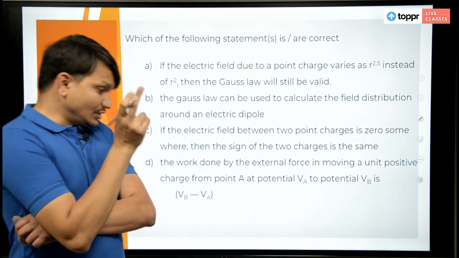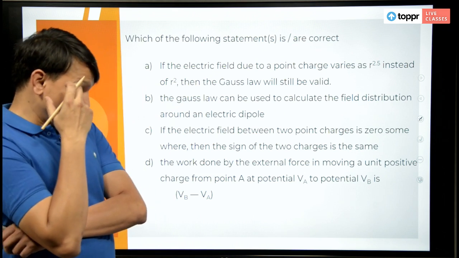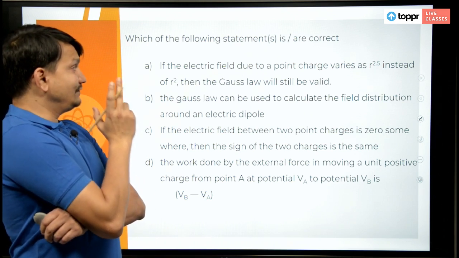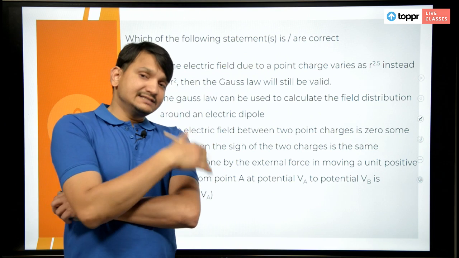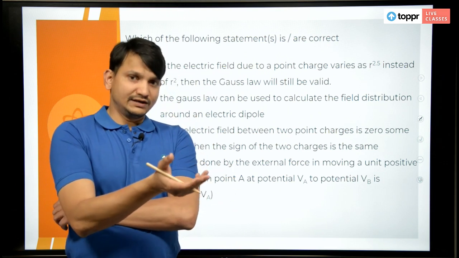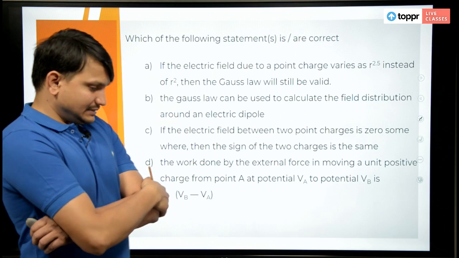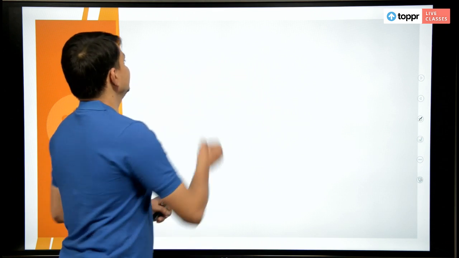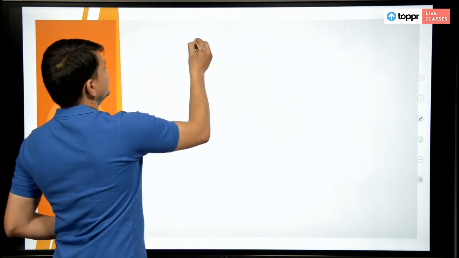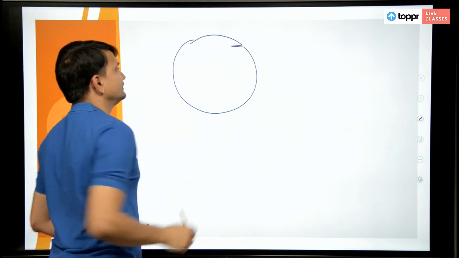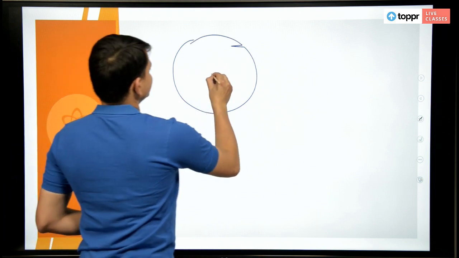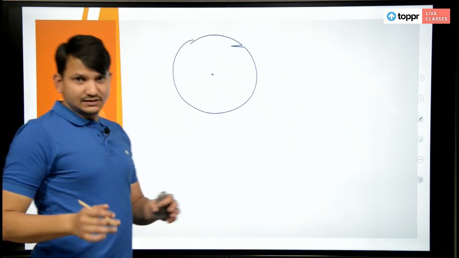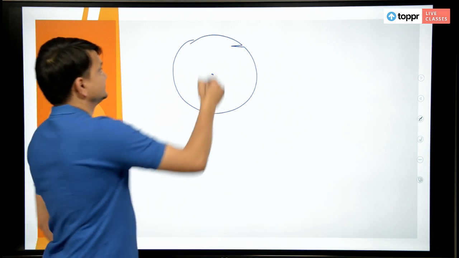Okay, so Gauss law is valid when the electric field varies with r square, meaning the square of r. But would that be the same if we have something different than this? So let's consider a spherical Gaussian surface for a point charge, and suppose this Gaussian surface is r distance away from the point charge.